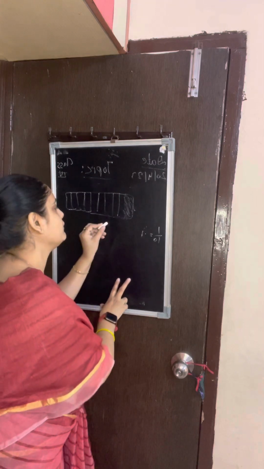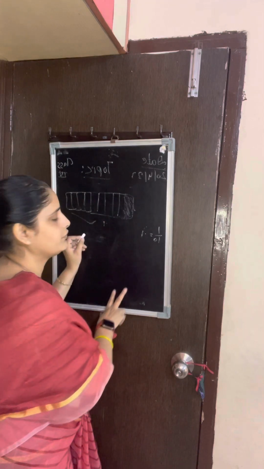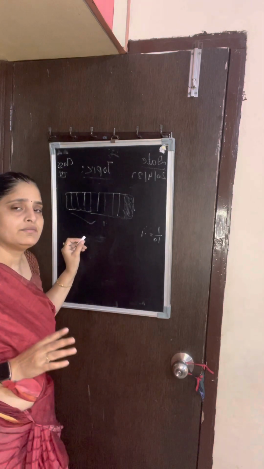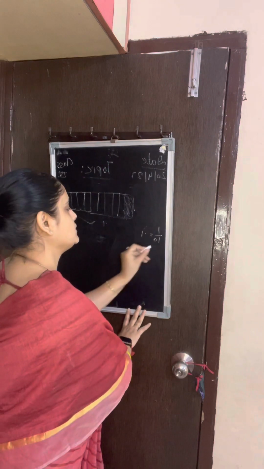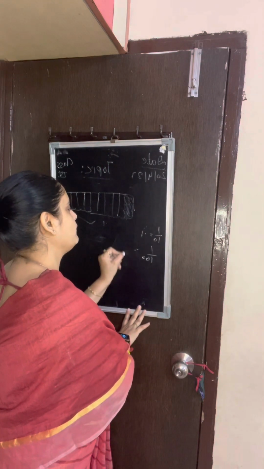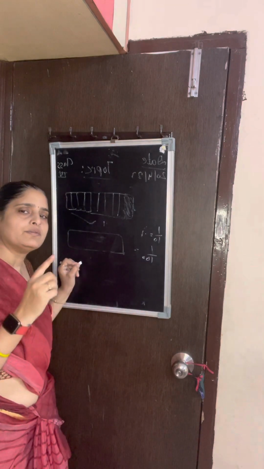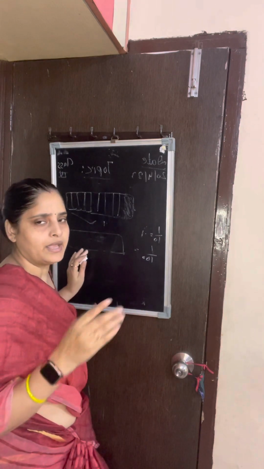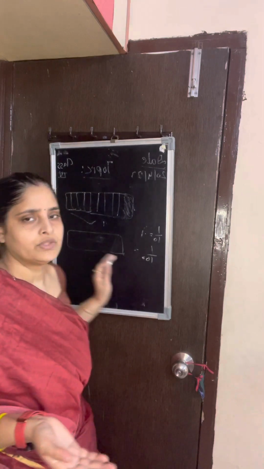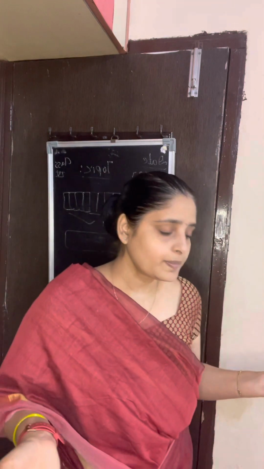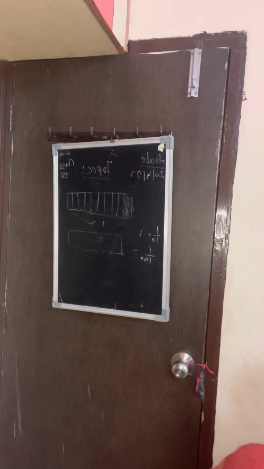So 0.1 we can represent as a picture of 1. The same thing happens with 1 upon 100. If anything is divided into 100 parts, we will color only one part and represent accordingly.